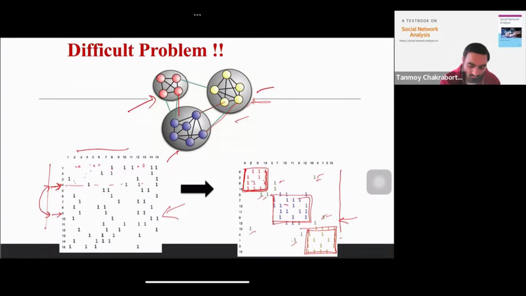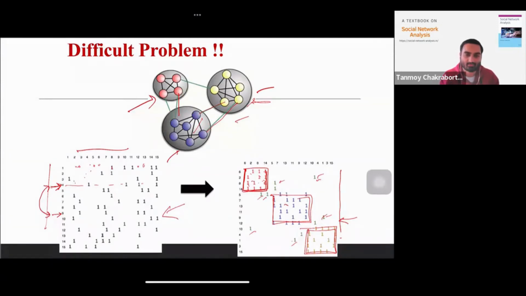So ones which are present in the diagonal blocks are intra-community edges, and those ones which are not part of any blocks correspond to inter-community edges. So community detection is nothing but a switch which transforms an adjacency matrix to a block diagonal matrix.